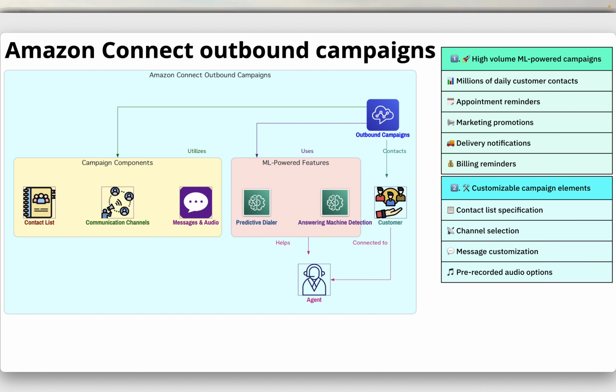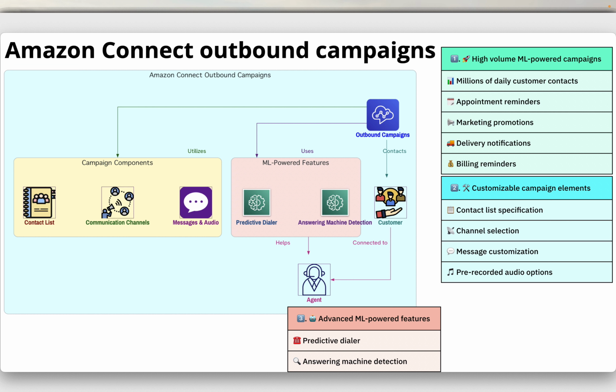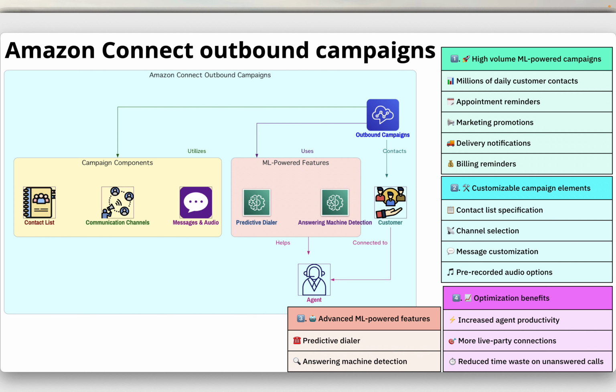You can specify the contact list, channel, message, and even pre-recorded audio to play before connecting customers to agents for live service. Outbound campaigns include a predictive dialer and machine learning (ML) powered answering machine detection. This feature can help you optimize agent productivity and increase live party connections by not wasting agent time with unanswered calls.